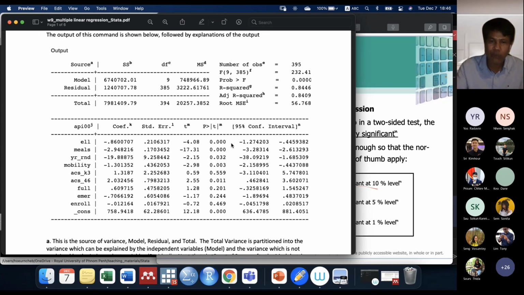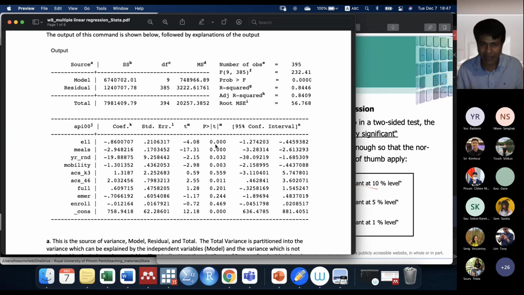When you see 0.00 here, in fact we won't say it is 0, but the probability that beta equals 0 is almost 0. We will not say 0 because we do not know the other decimals, as it is only rounded to 3 here.